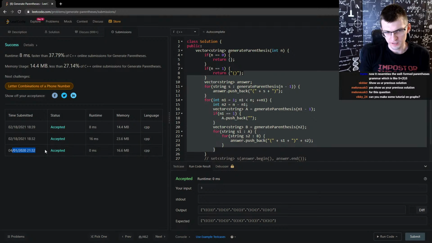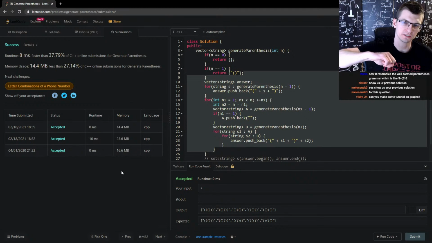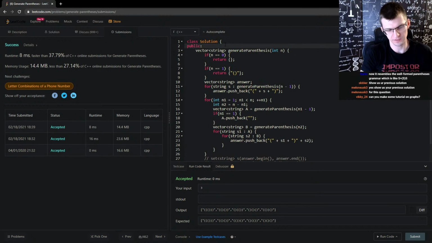I think that this faster code will run recursively to fix every next character. But we'll see. So I bet that it's something like this.